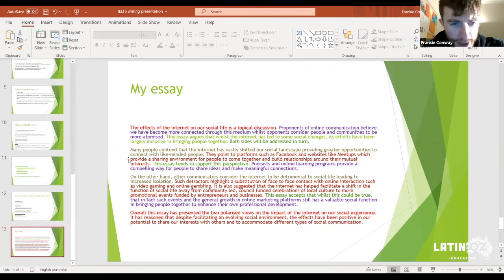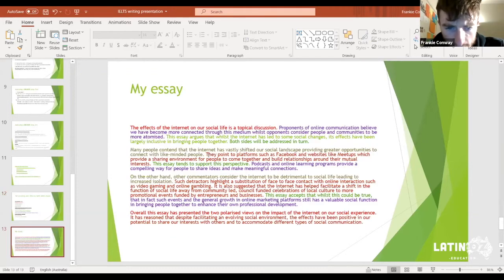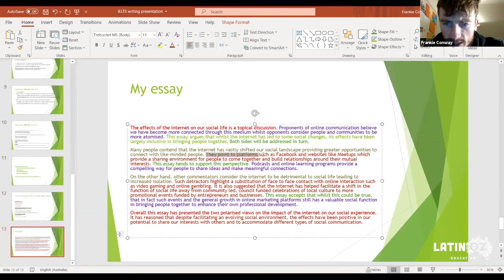Then the main body, paragraph 1. Many people contend that the internet has vastly shifted our social landscape, providing greater opportunities to connect with like-minded people. So that is introducing side A. They point to platforms such as Facebook and websites like Meetups, which provide a sharing environment for people to come together and build relationships around mutual interests.